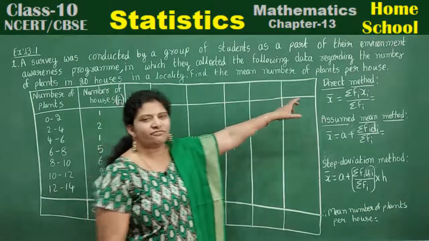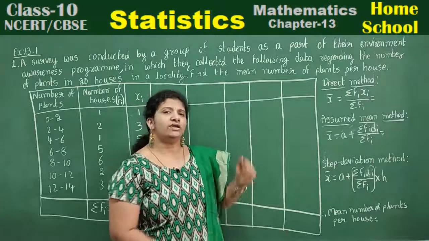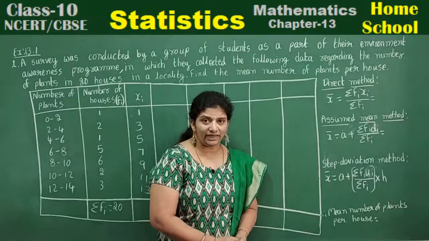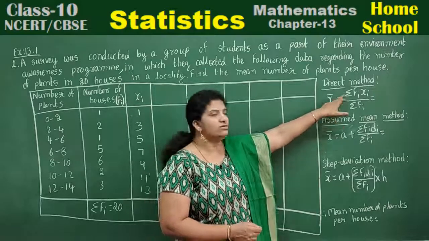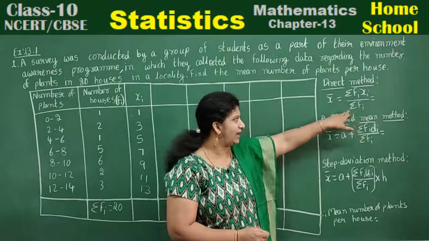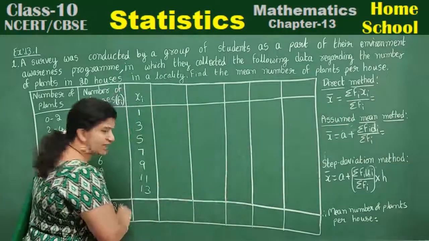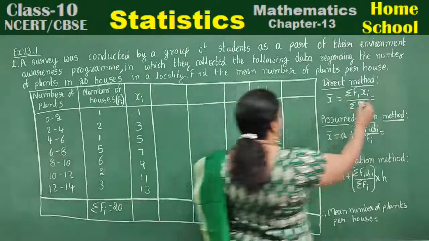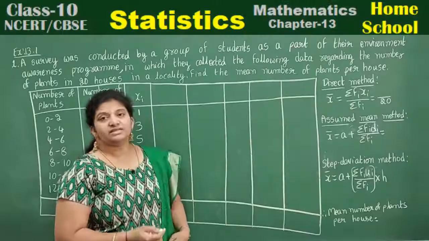Let's see the first one, direct method. What do we need for finding the mean? Arithmetic mean, X bar is equal to summation fi xi by summation fi. Look here, summation fi we already got, 20. Next, what do we need?